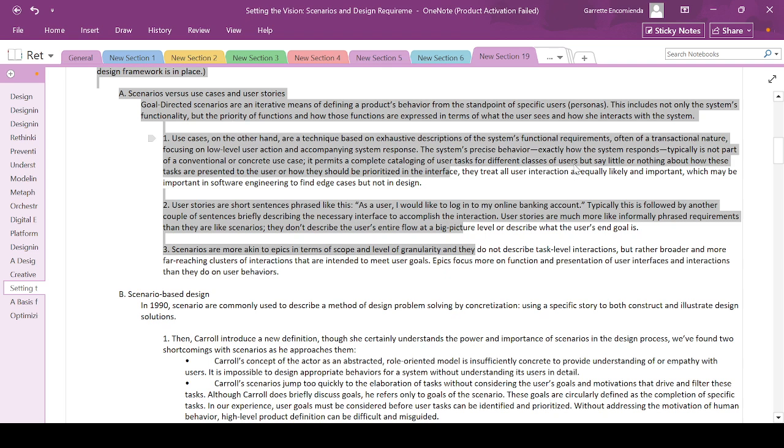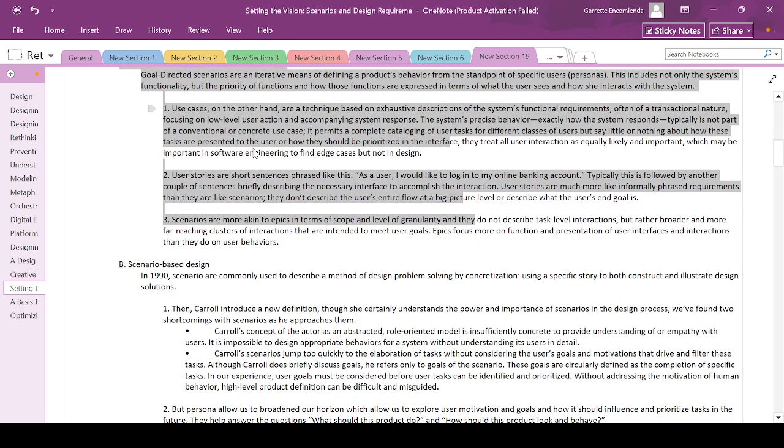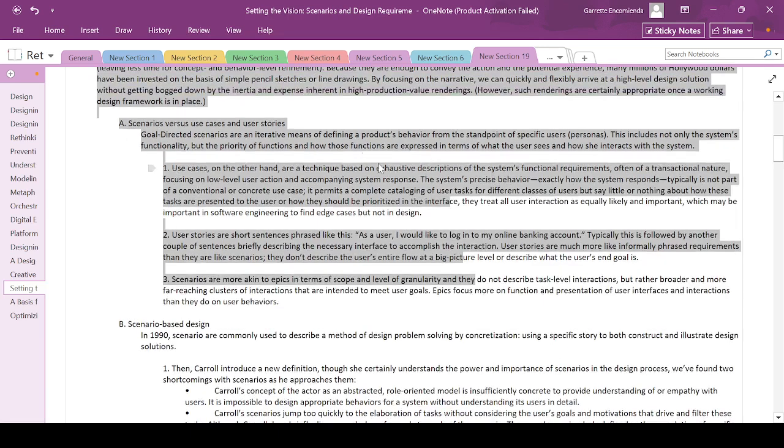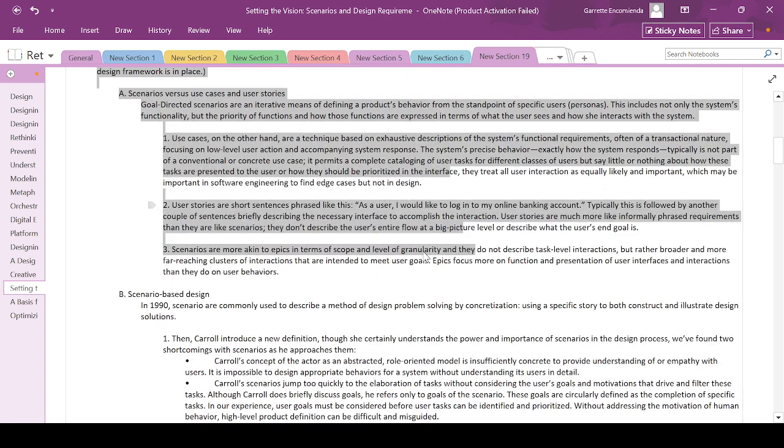So it provides tasks that accommodate different classes of users, whether beginner, intermediate, or expert, but says little or nothing about how these tasks are presented to the user. So it provides those functions, but it doesn't provide implementation details, or how they should be prioritized in the interface, and it doesn't organize the functions in the interface, just like goal-directed scenarios.